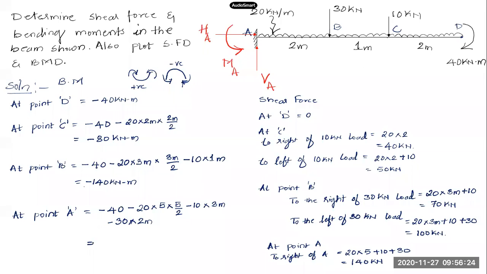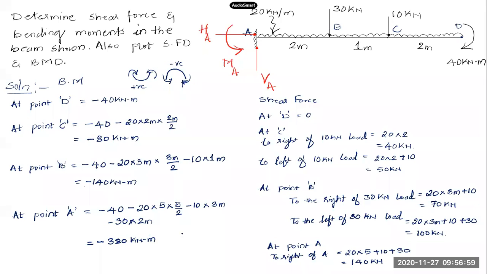What does this come out to be? 100 into 2.5, 250, and this is 40, 290, and 320, and 60, 380. So this should be equal to the value of MA, kilonewton meter. At point A, you can directly say the bending moment value will be MA.